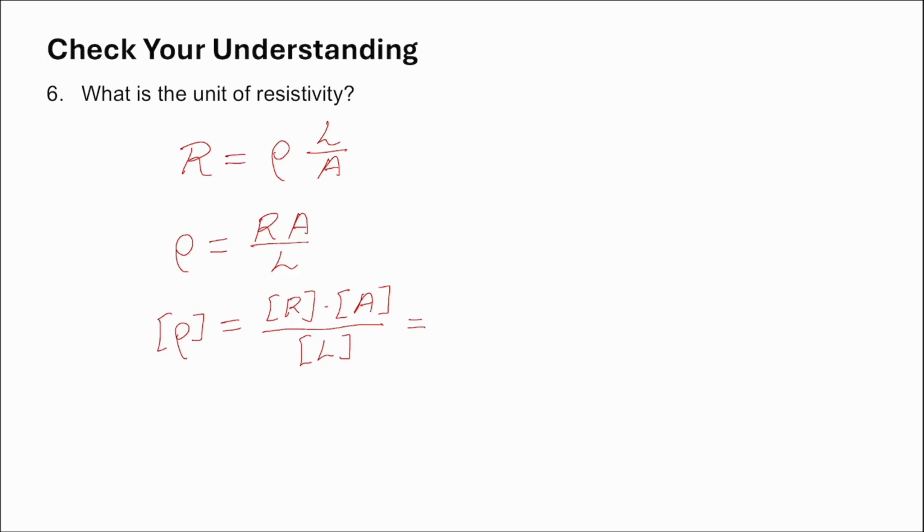The unit of R is ohms. The unit of area we use is meter squared. The unit of length is meter. So the unit for the resistivity is ohm meter.